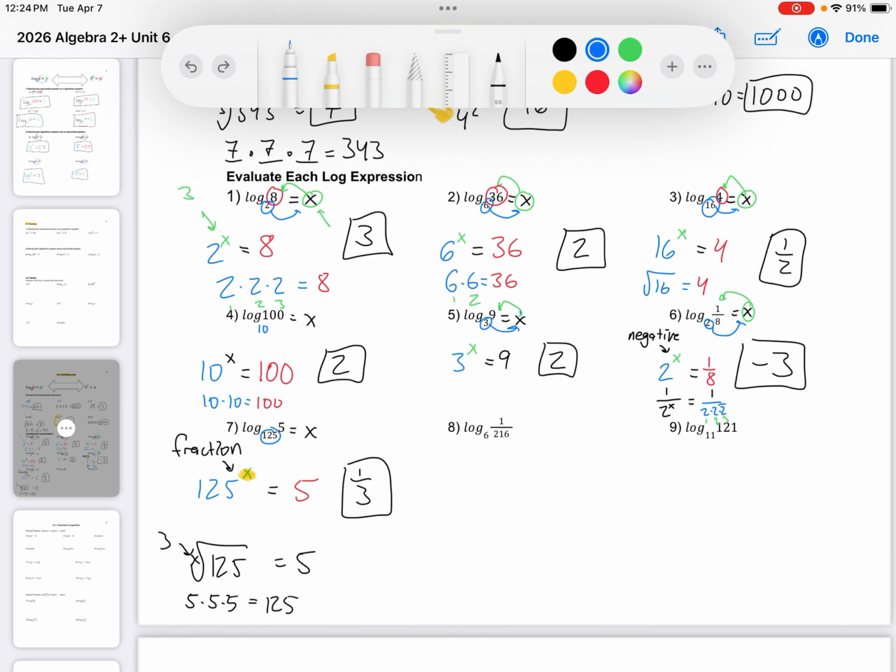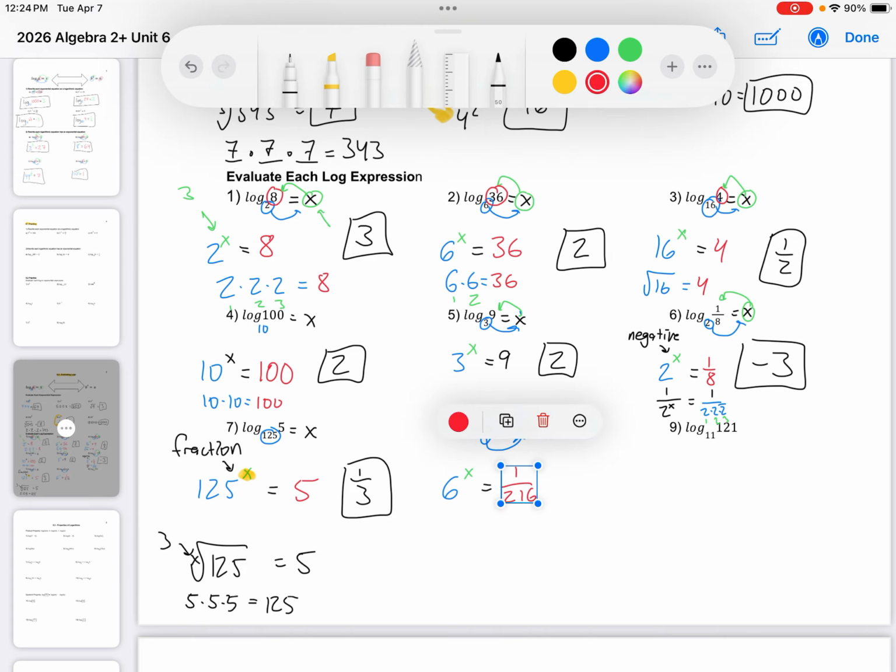Okay, 2 more. Number 8, we'd have 6 to the power of the x should equal 1 over 216. So again, just like number 6, we know that this is going to have to be a negative. So our answer is going to have to be a negative number in order to make it into that fraction.